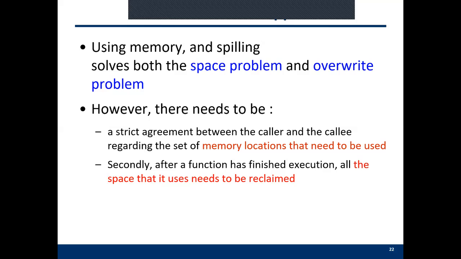You need to dedicatedly allocate a piece of memory region for that register spilling. And after the function is finished, that region needs to be reclaimed. Otherwise, you always allocate a new array and never reclaim any used array. In that way, your memory will be used up very soon.